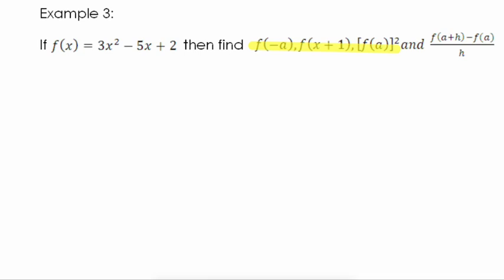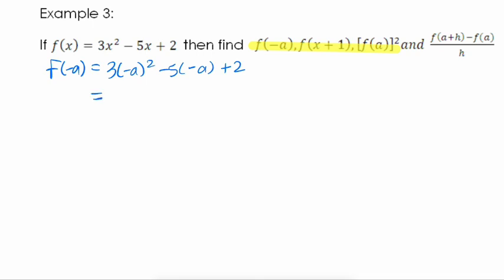Okay, so first let's start with f of -a. Remember, we are taking out the x and replacing it with -a. Parentheses, parentheses, parentheses, because they allow you to catch anything that needs to switch sign.